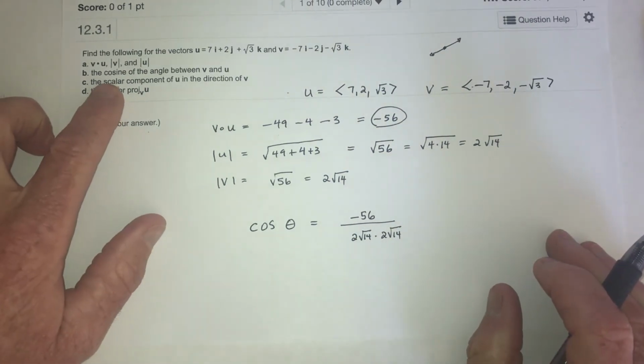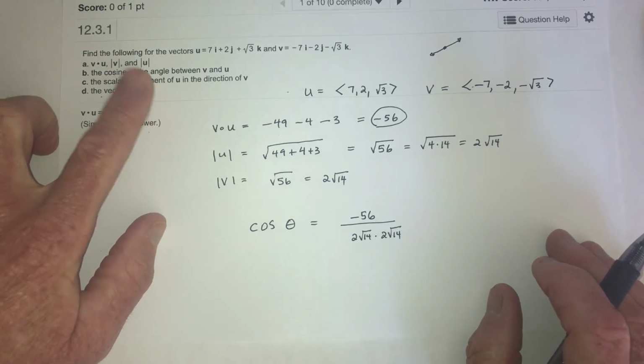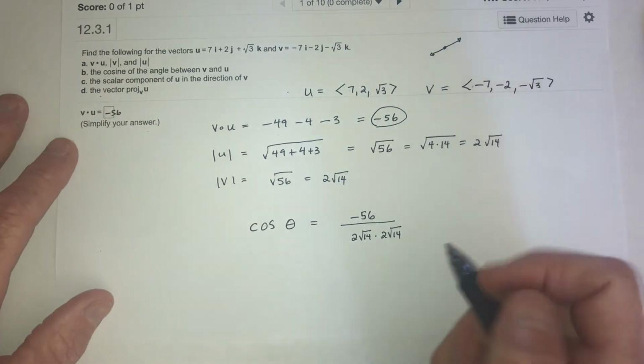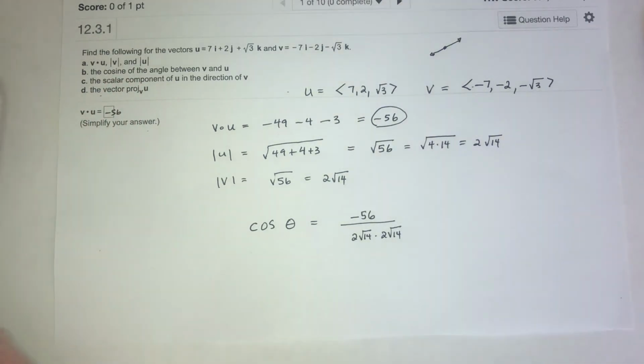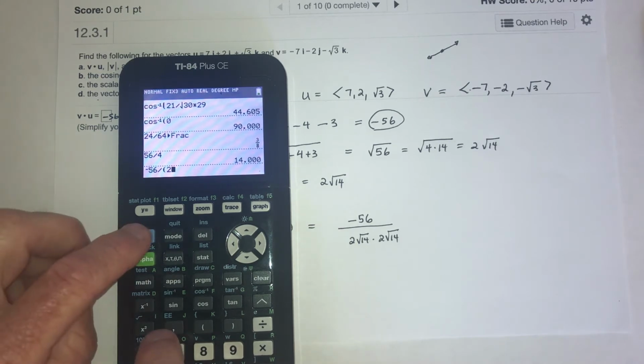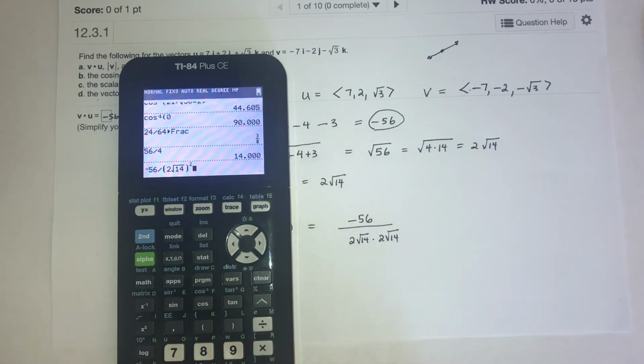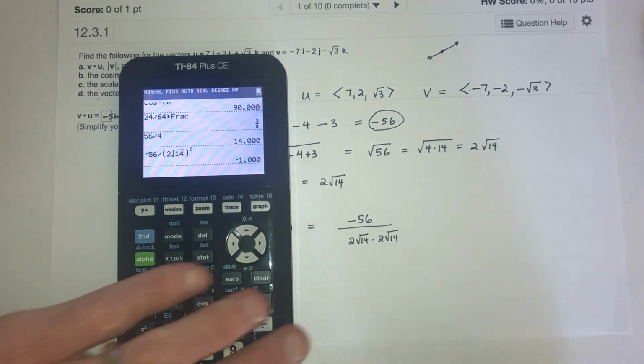Now it said find cosine of the angle, but it didn't say to find the angle itself. But it does say simplify, so we need to simplify this. So how much is a negative 56 getting divided by 2 radical 14 squared? And it equals negative 1.